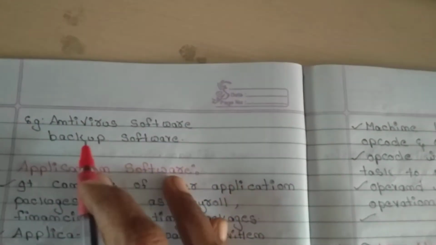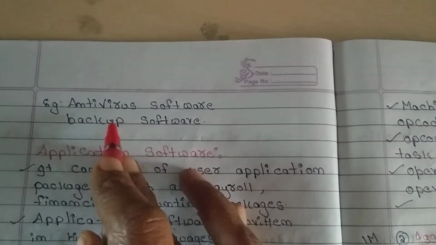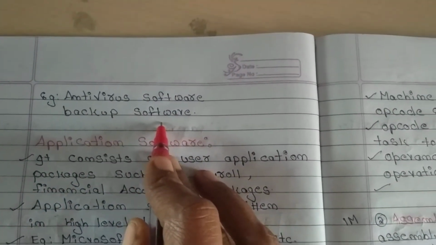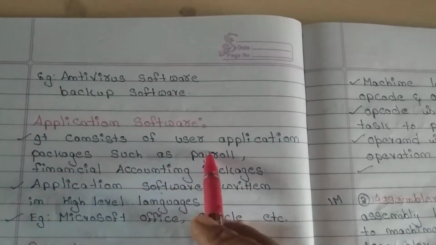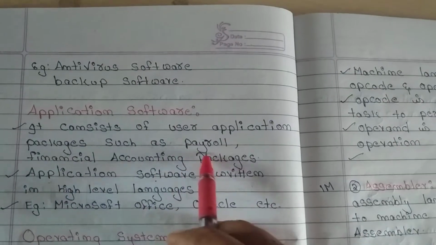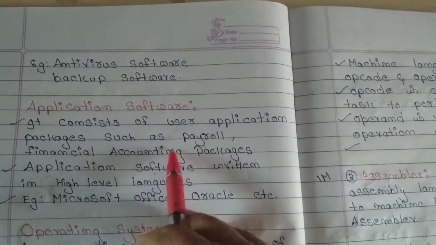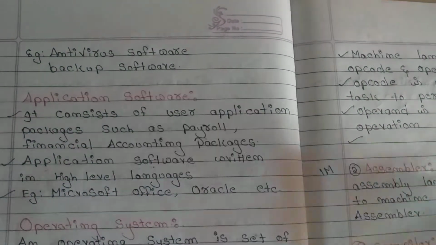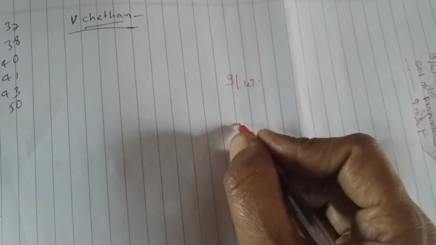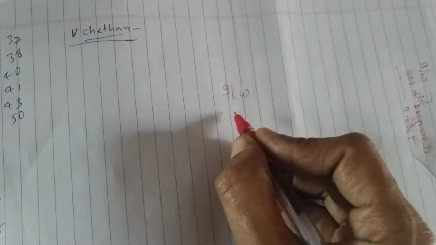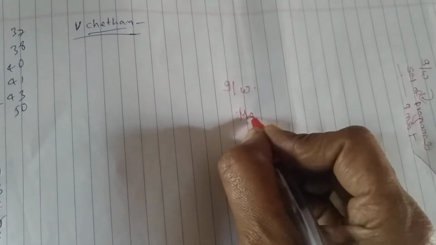What are utilities? Antivirus software and backup software come under utilities. What is application software? It consists of user application process packages such as payroll and financial accounting packages. Application software is not mandatory software. These are the programs used to perform our tasks, like the MS Office package.